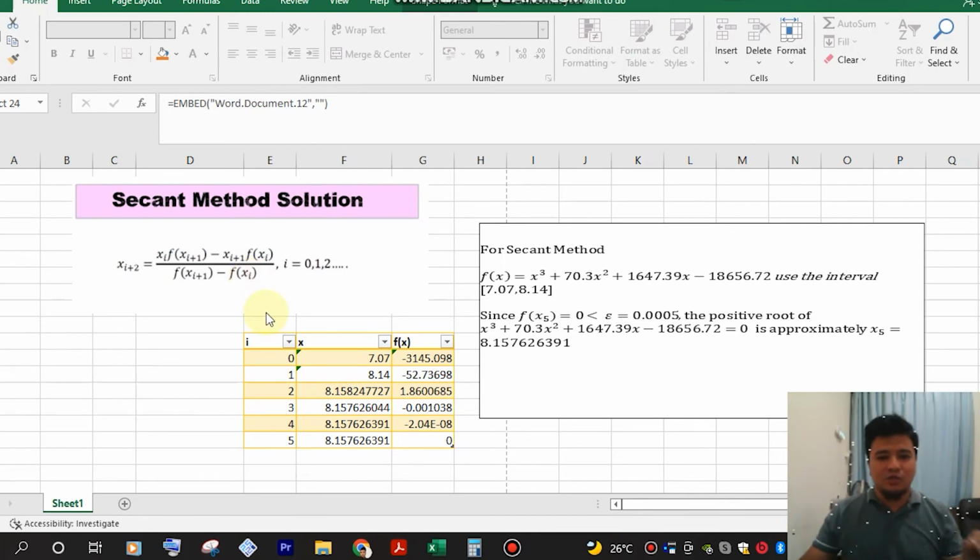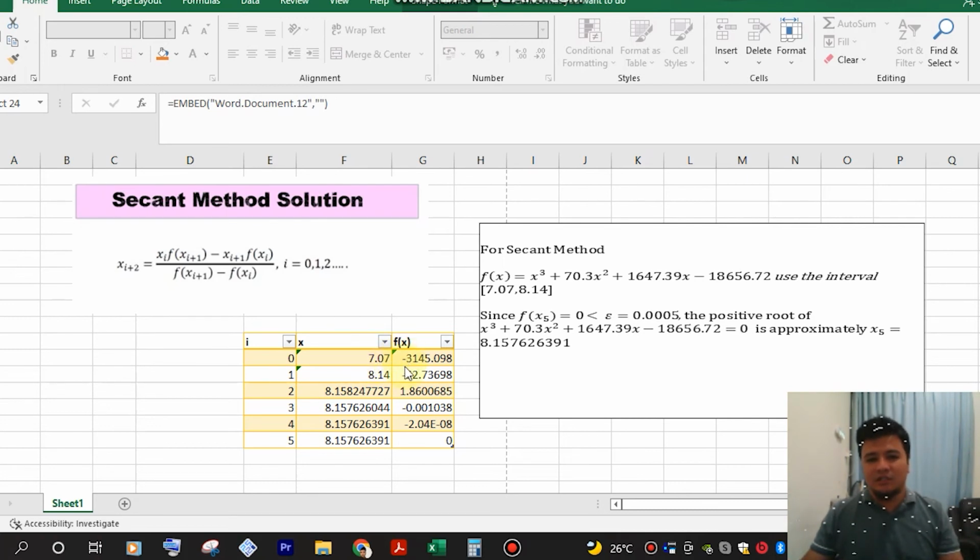Using this formula, first I use the interval of 7.07 and 8.14.